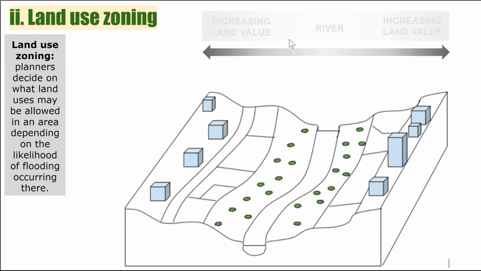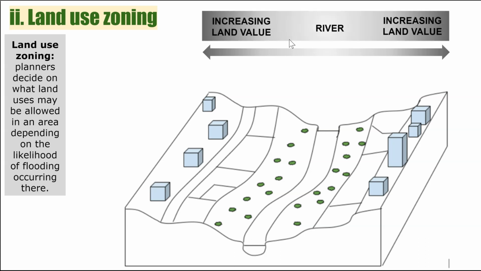So, no surprise then that the places where you have most flooding close to the river are the places where you put the less important or less impacted land uses, and the ones that have the higher value you put further away. So you can put pasture by the river. Doesn't really matter if the pasture gets flooded. Okay, maybe the farmer can't use the fields for a few days, but apart from that, there's no major impact.